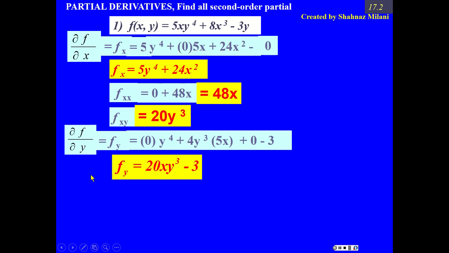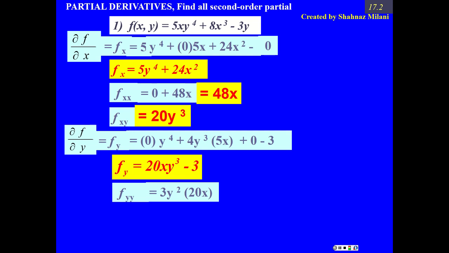Now, let's find the second derivative based on y. Again, this is my problem. Right here, get the second derivative. This is the product rule. The derivative of 20x based on y is going to be 0 times the second, which again is 0.